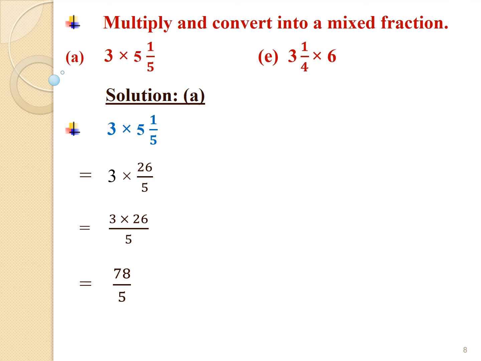Now, converting 78 upon 5 into a mixed fraction, we get 15 integer 3 upon 5. Thus, 3 into 5 integer 1 upon 5 is equal to 15 integer 3 upon 5.